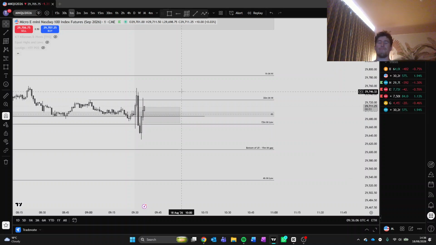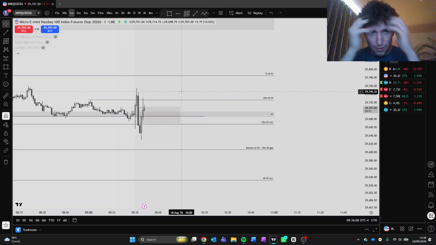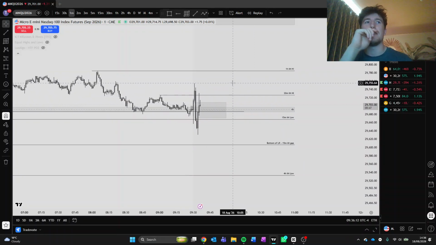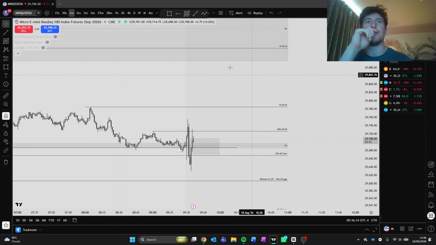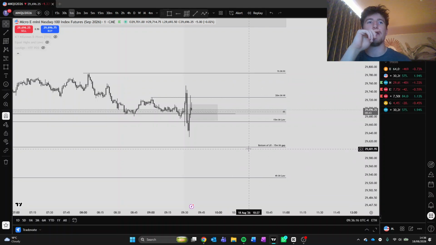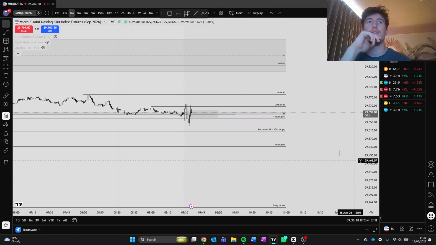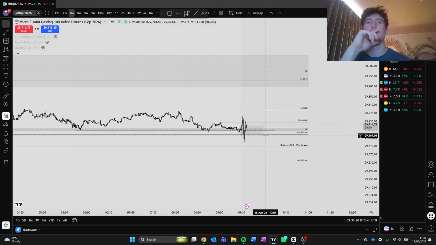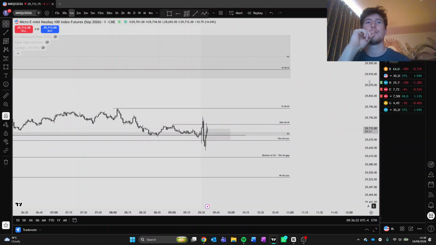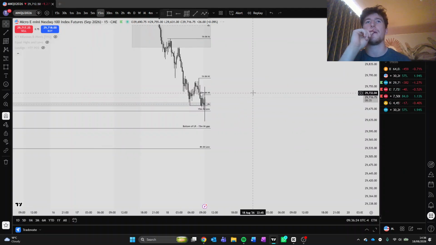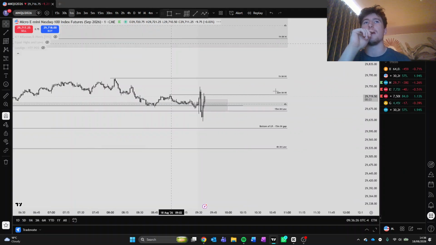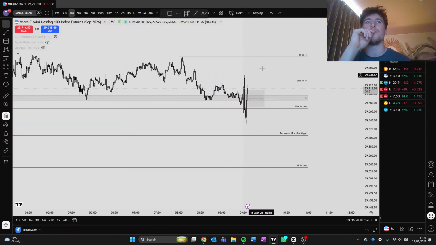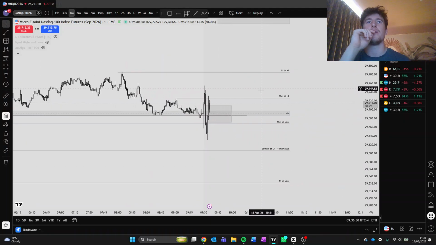No clear move really or direction. So I'm just going to sit this out and perhaps take a continuation, either the 4 hour or both 4 hours. There we go. It's going to wait till it breaks out either way, I think, because we are in between conditions and we don't really have too much at our.